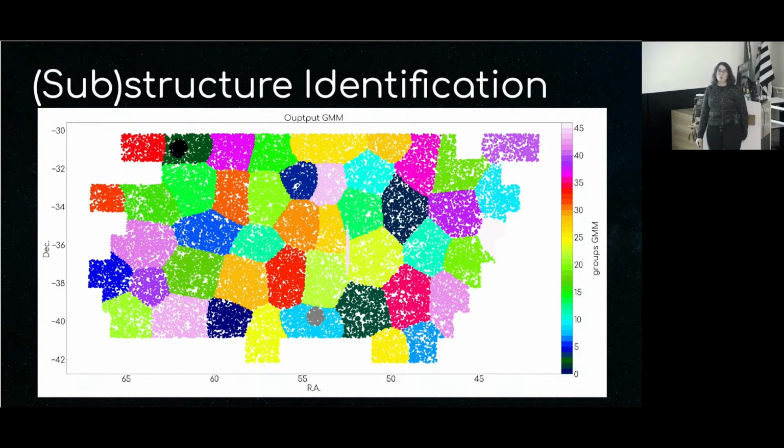I think it is due to the probability of a galaxy belonging to a different Gaussian. And it is very interesting, because in this case this is an artifact due to the observation in the Fornax area, which is now removed in the new catalog, and the Gaussian mixture models identify this as a Gaussian in the area.